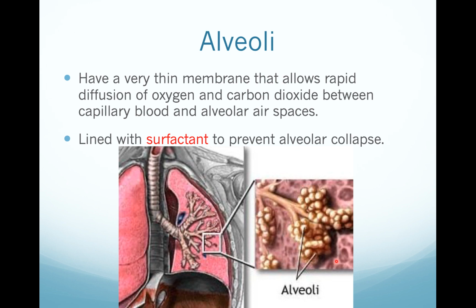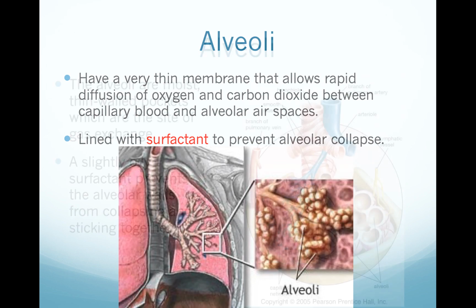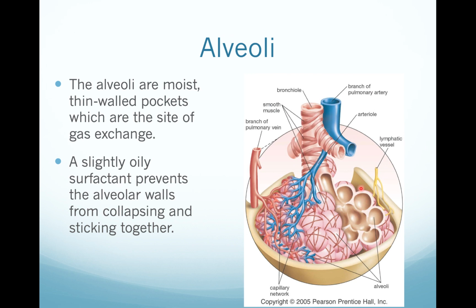Now, just like capillary beds, how many cell layers thick is a capillary bed? Well, 1. Same thing with an alveolus. It's a single cell layer thick, simple squamous epithelium. Now, why do you think it's important to have simple squamous epithelium? What did we say it's easy to do across this? Correct, if you said diffusion.